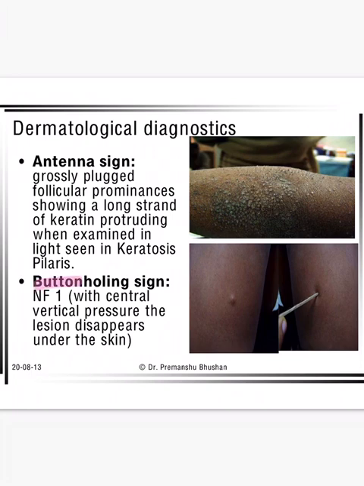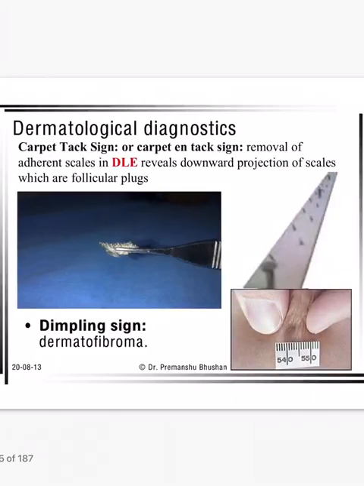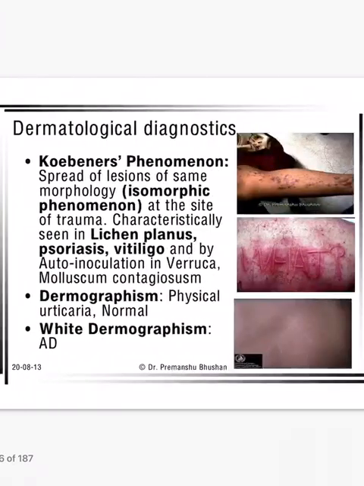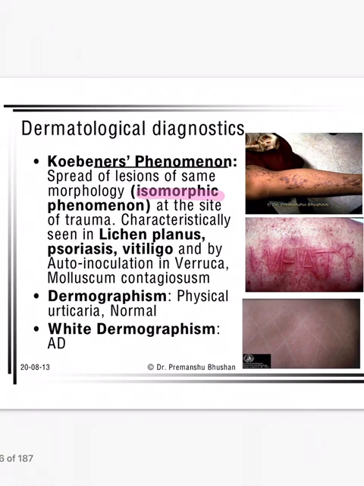Then this is the buttonhole sign, seen in neurofibromatosis 1. The carpet tack sign is seen in DLE, and the dimpling sign is seen in dermatofibroma, that was pseudo-Darier sign. Now coming on to the Koebner phenomenon: along the line of scratch there are new lesions, also known as the isomorphic phenomenon.